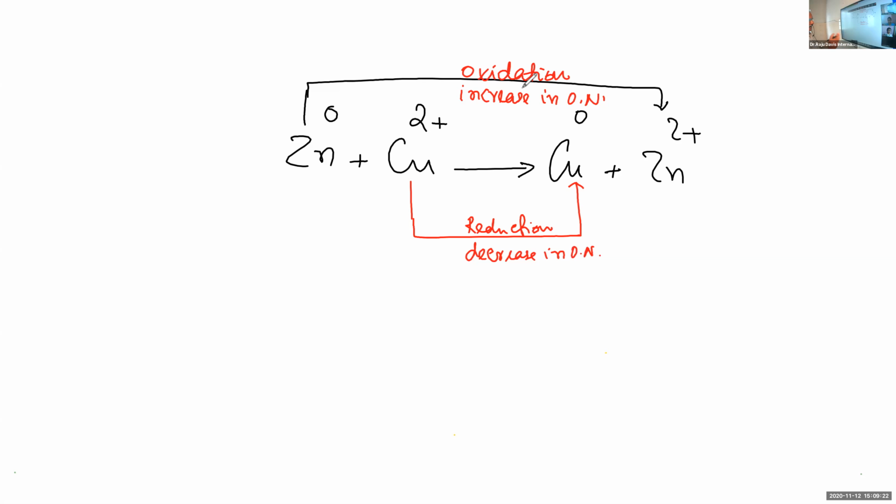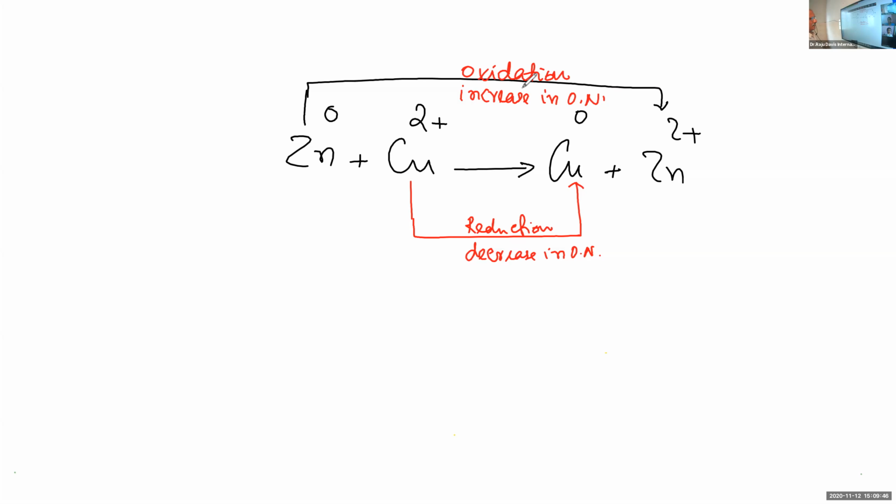If you consider the electronic concept, then Cu plus 2 is converted to Cu. Cu plus 2 gains 2 electrons. Gain of electron is reduction. Here also there is reduction.